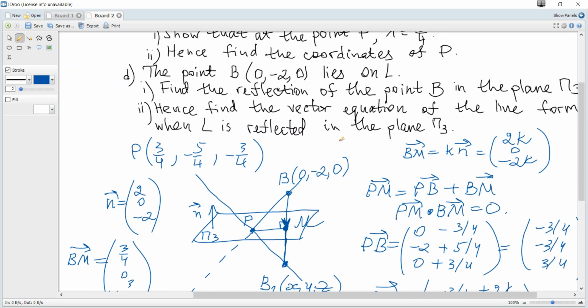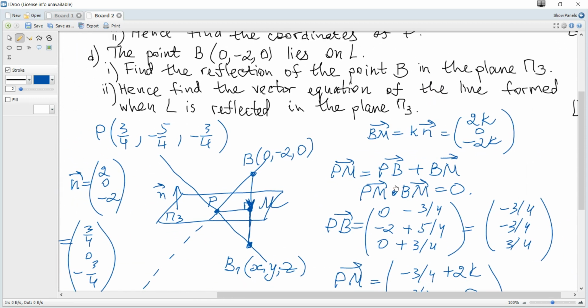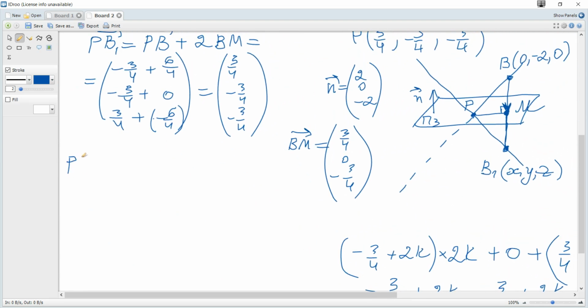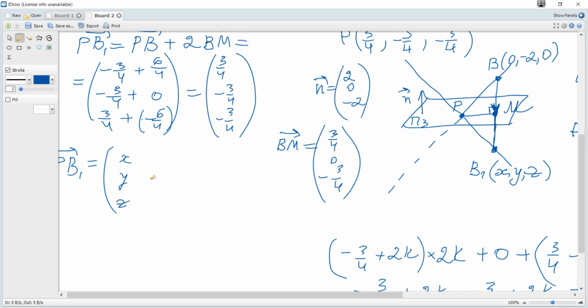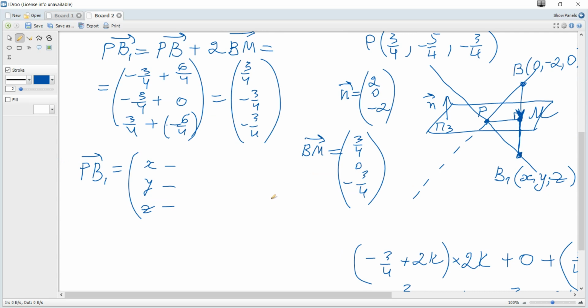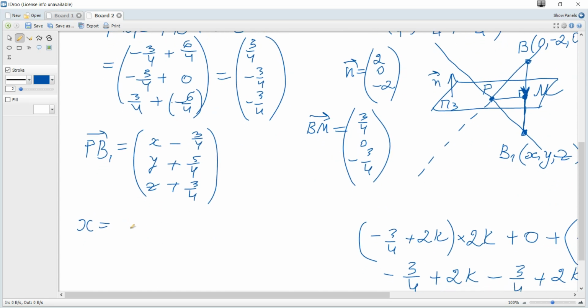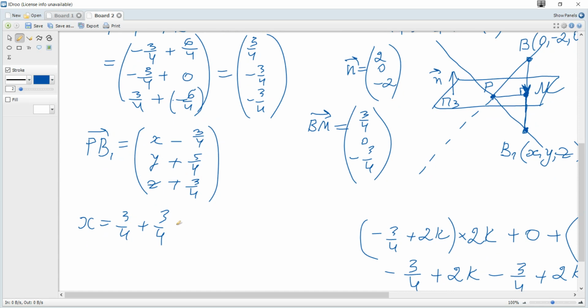And we need the coordinates of B1, the reflection. The PB1 vector is the coordinates of B1, (x, y, z), minus the coordinates of point P. So x is 3/4 plus 3/4, which is 6/4, which is 3/2.